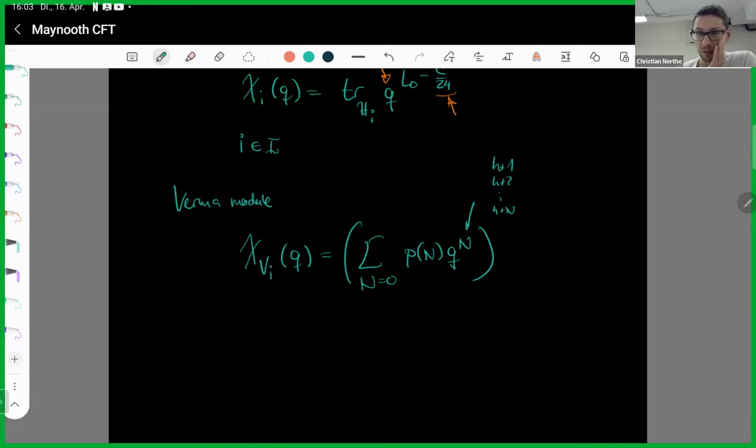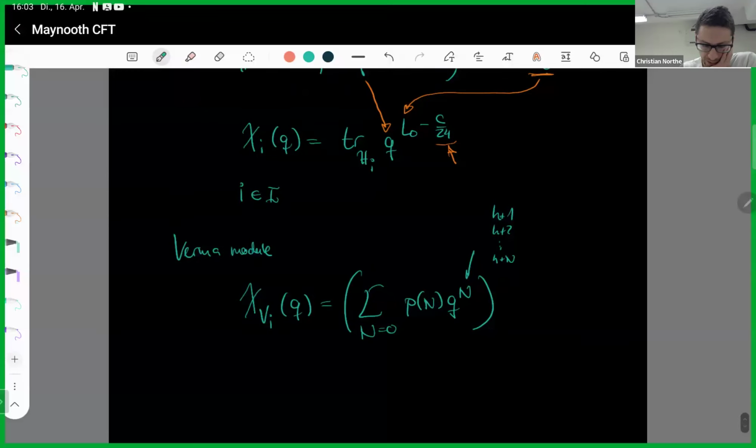When we counted in the table, we counted energies. What we're missing here is the first piece, which is also included here: q to the h_I minus c over 24 is really just this addendum that's running around. So this is computing the character for a Verma module.